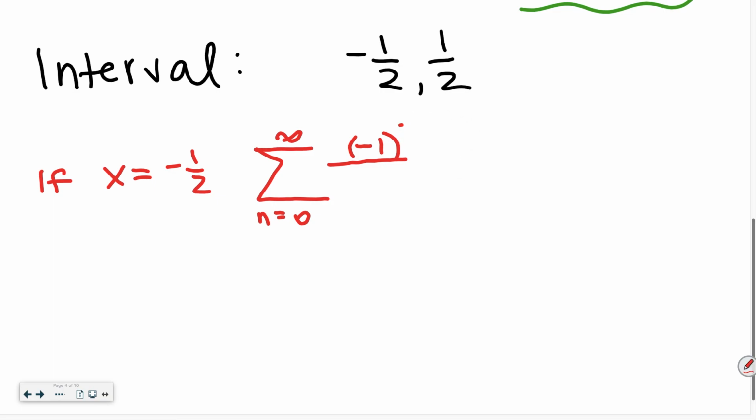This one was just to the n, right? Over n squared. So it's a p-series, comparing to a p-series. It is an alternating series that converges absolutely, so we can put brackets at negative 1/2.